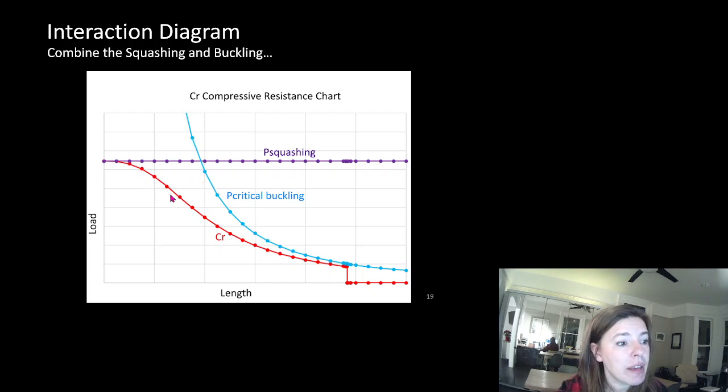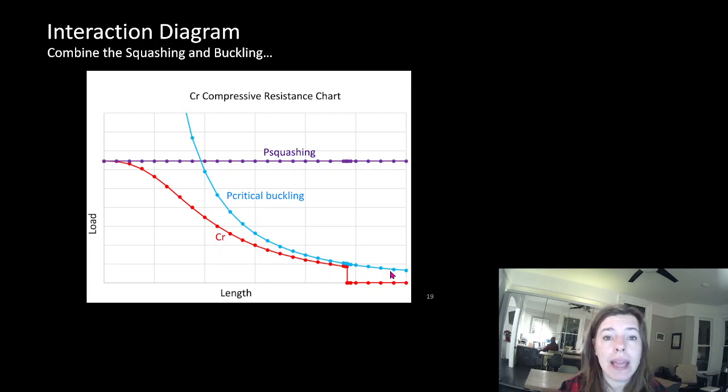So our final CR equation that you haven't seen yet has a component of squashing. And look, when it's really short, it's governed completely by squashing. And when it's really tall, it's completely governed by buckling. But look what we do here. At a certain height, we say we don't care that it has some capacity.